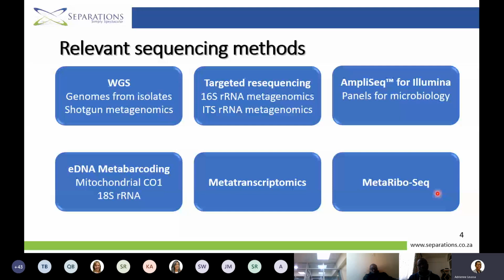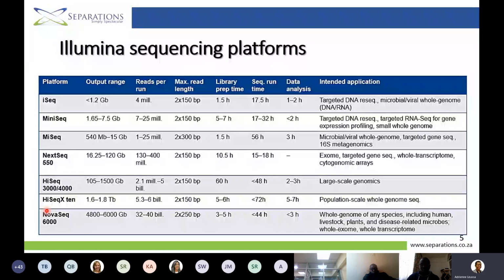This is a very recent method that is also being explored at the moment using NGS. So the idea here is just to highlight these methods, but in weeks 4 and 5 of this series, Maria and the team will go in depth into these different methods as they apply on the different platforms that are offered by Illumina.